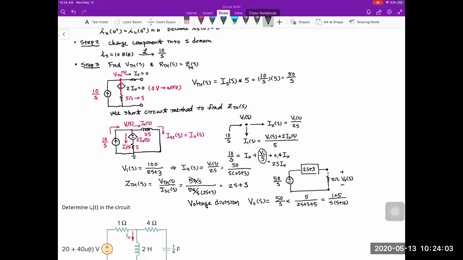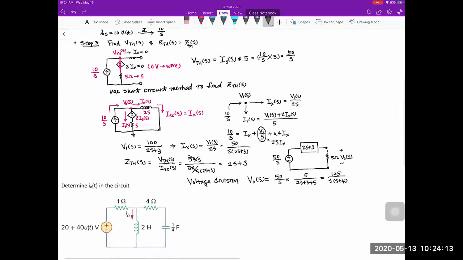Now, the next thing over here, so we solved for the V naught S. We got a solution for V naught S in the Laplace domain. The last thing that we need to do is the inverse Laplace transform. So step 4, use the inverse Laplace transform.